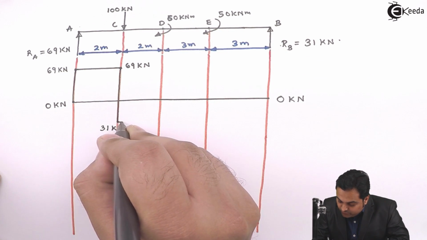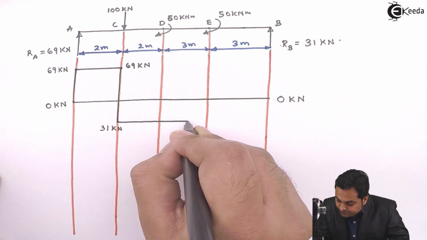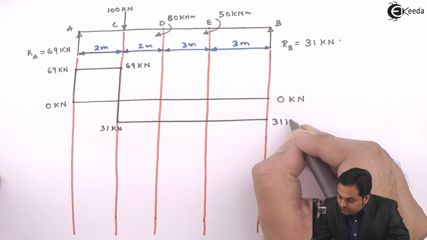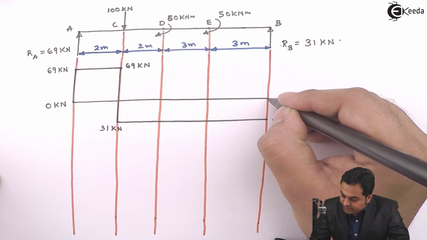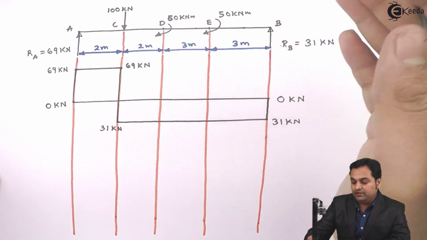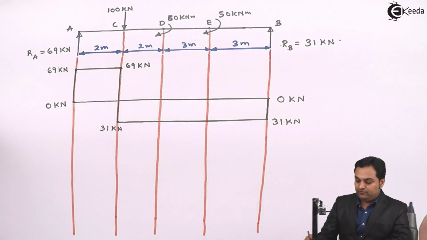So there will be a straight horizontal line throughout because there is no load between C to B. So the SF value will remain constant and it reaches a value of 31 kilonewton, and finally this value will be 0, that is if I am taking the section to the right of B. At the right hand side we don't have any forces.